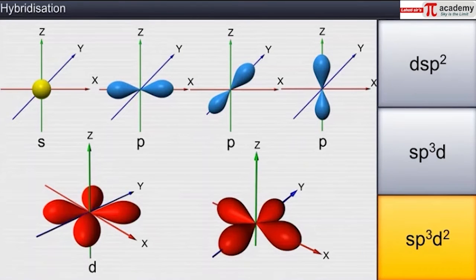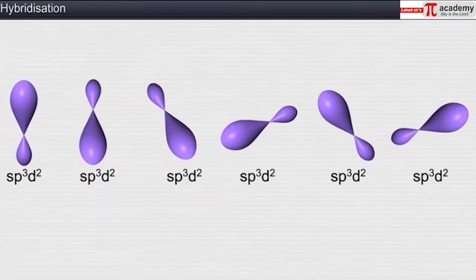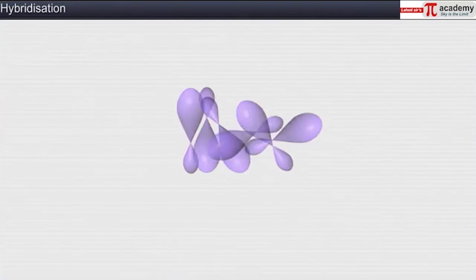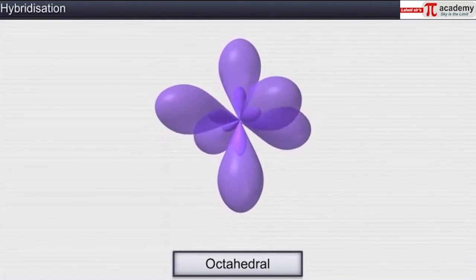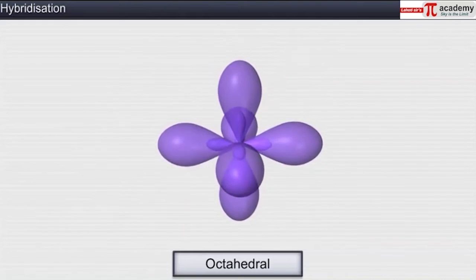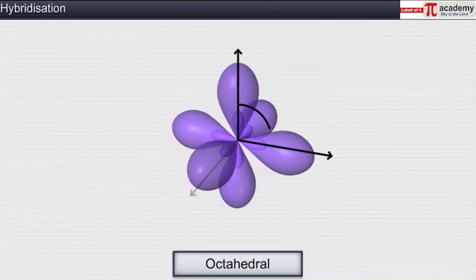In sp3d2 hybridization, one s orbital, 3 p orbitals and 2 d orbitals combine to form 6 sp3d2 hybrid orbitals of equivalent energy. They have an octahedral arrangement and a bond angle of 90 degrees between the orbitals.